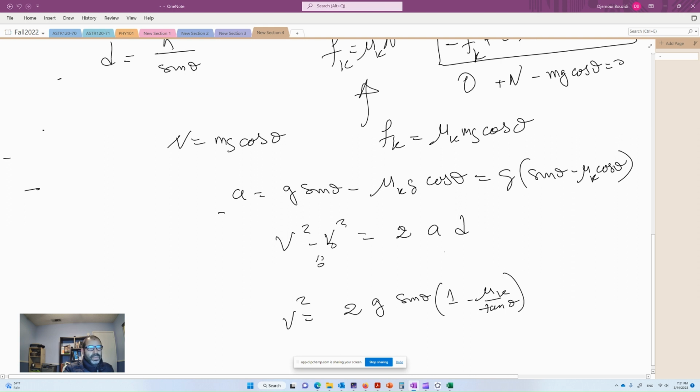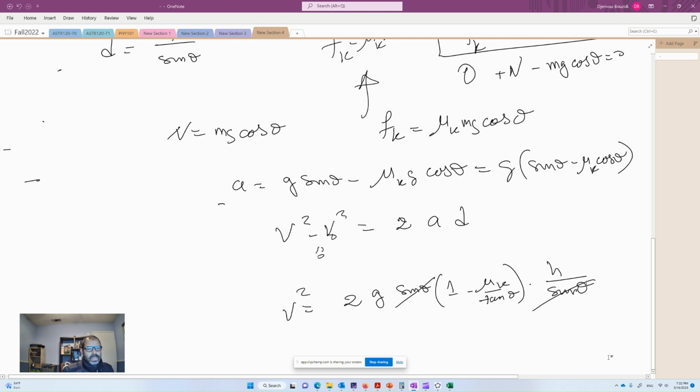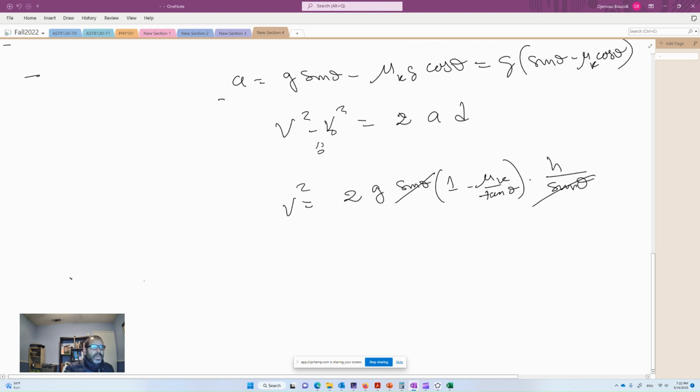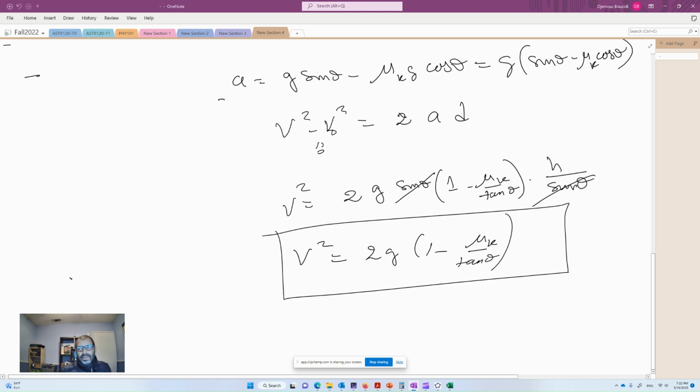That gives me the acceleration, times 2, of course, times the distance, and the distance happened to be h over sine theta, and cancel the sine theta over the sine theta, and the expression is going to be expressed in terms of the ratio of mu k and tan theta. And then the square root, of course, you get the v.